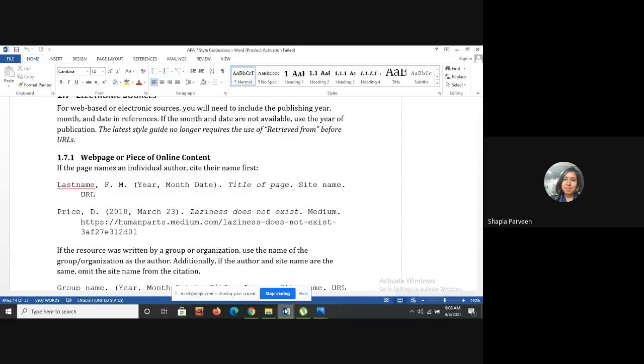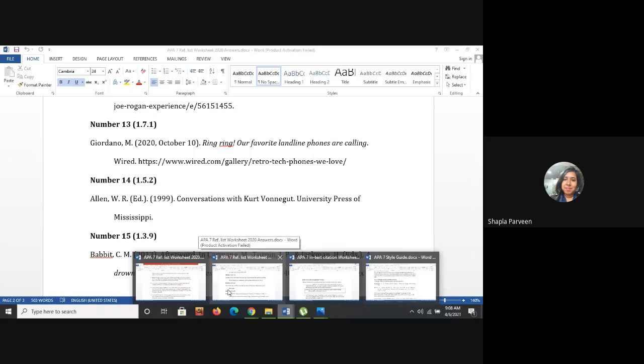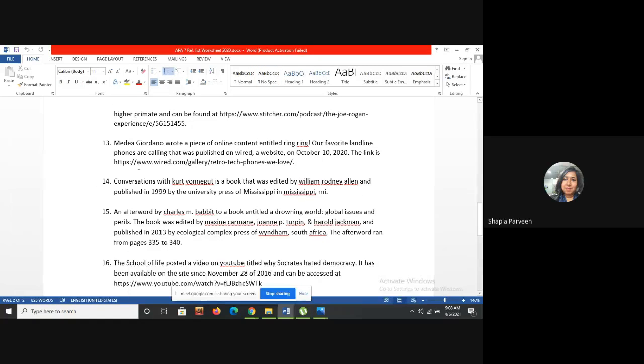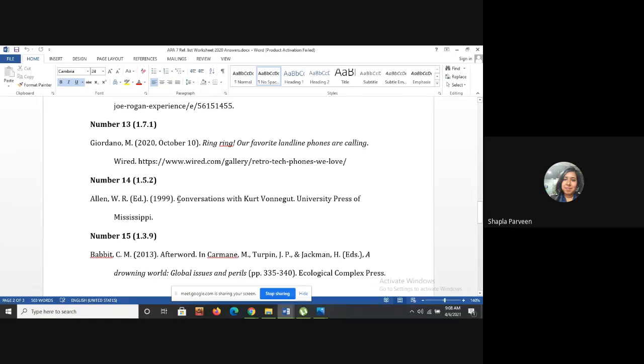So let's see. Okay, so rule number 13, sorry, the entry number 13. And the answer is given here. The author's name, then year when it came out, name of that article, and then the website address is given.